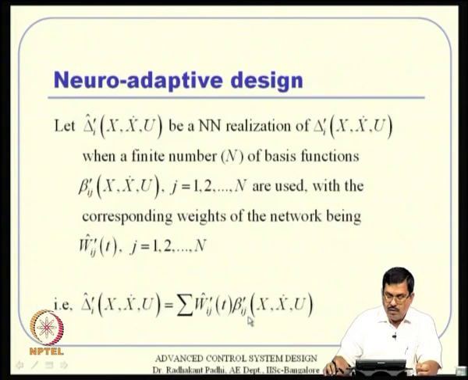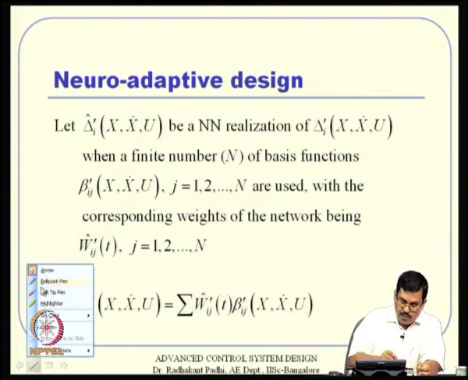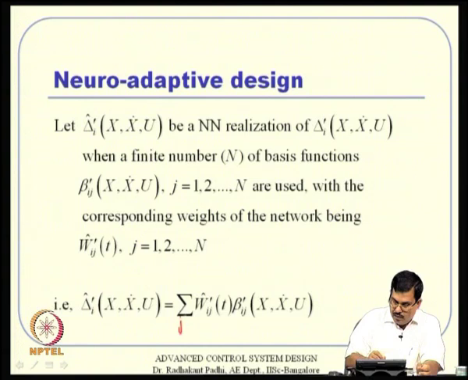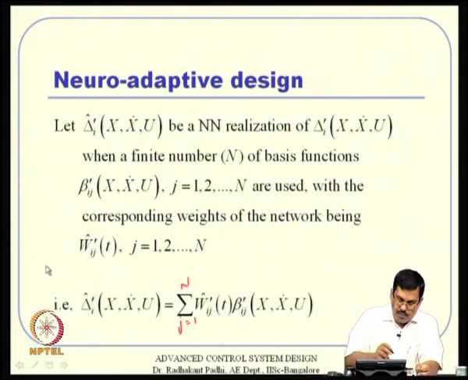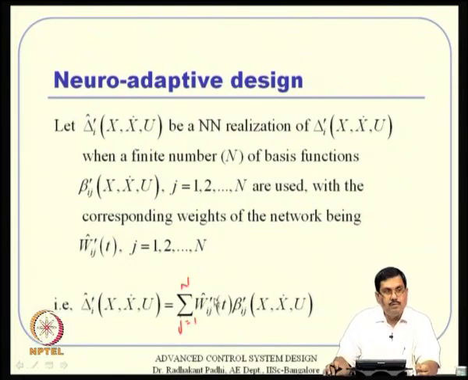In the ith channel it is the sum over j equal to 1 to some finite number n. That means wi1 times beta i1, let us say, plus wi2 times beta i2, and it will continue as a finite series.